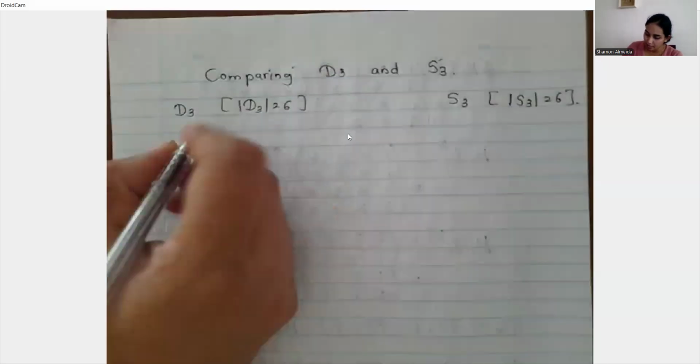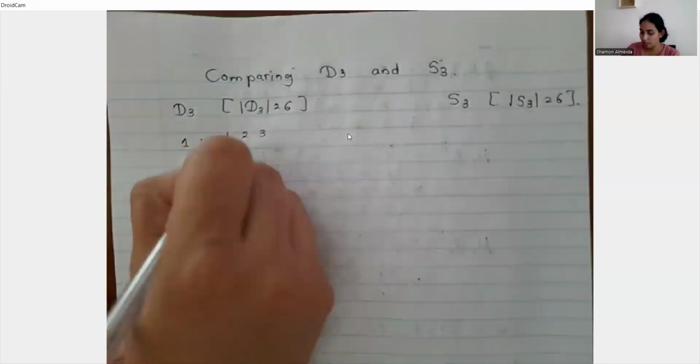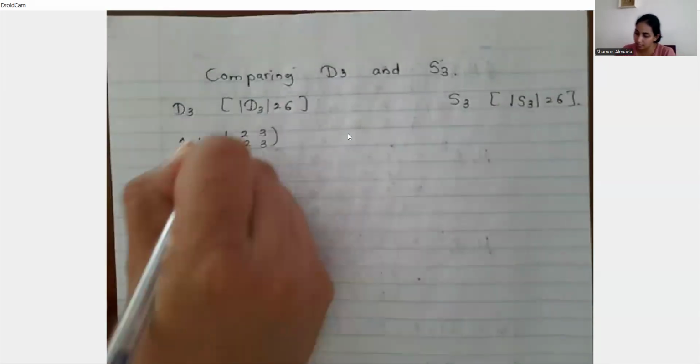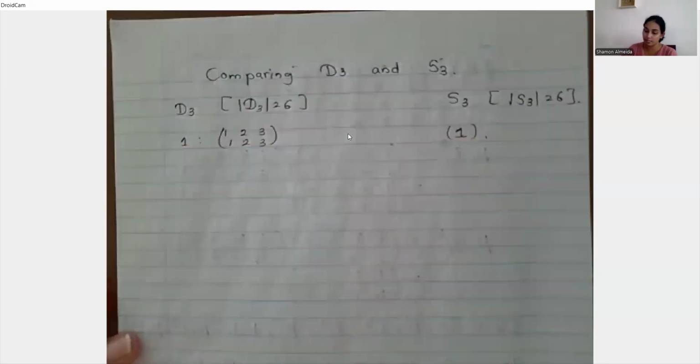D3 is of order 6. Then we have S3, once again, of order 6, right? The identity is this identity permutation, same for S3. We have this identity permutation, which we denote by this.